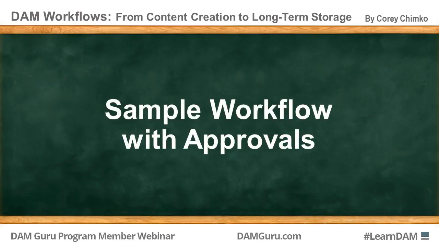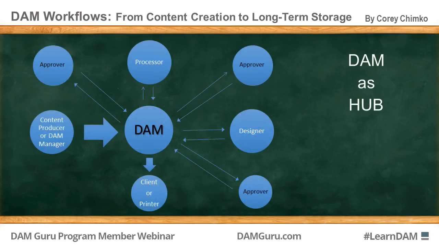So now I'm going to show you a second workflow, and this is very similar to what we've gone through over the course of the presentation, but in this particular workflow, I'm going to insert approvals at every stage of the process. This workflow is something I call DAM as a hub.